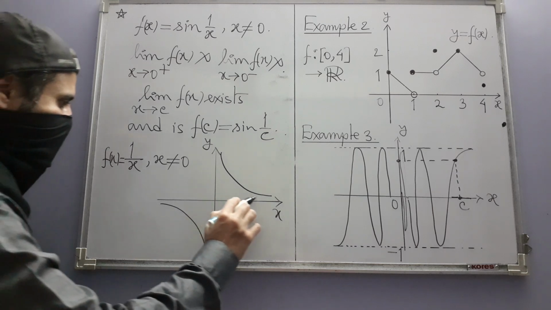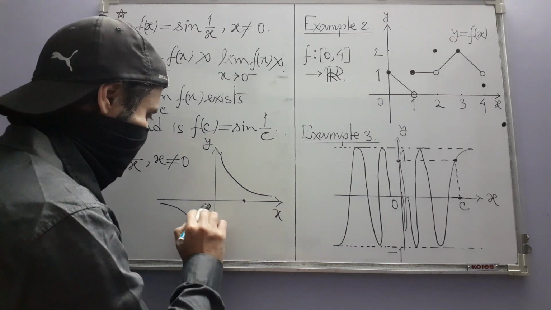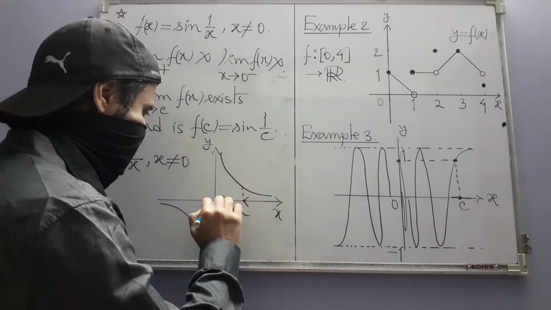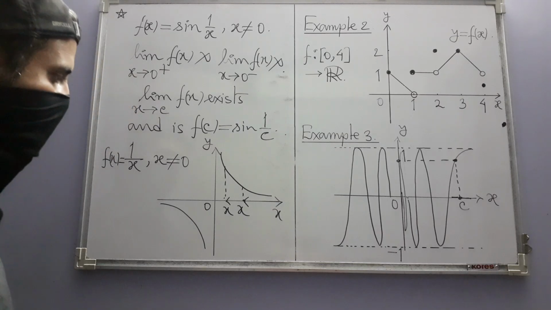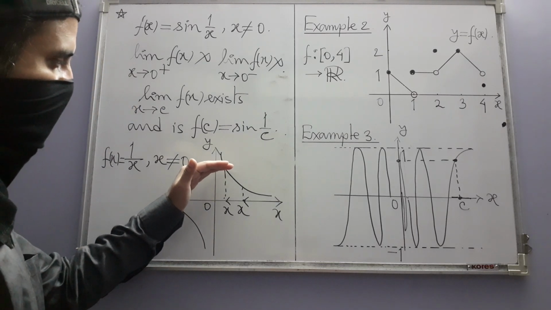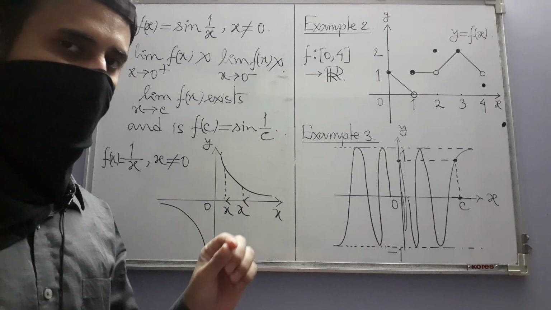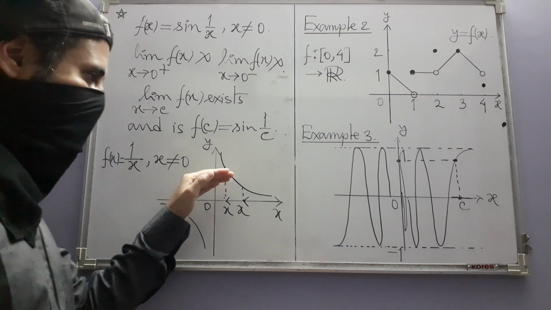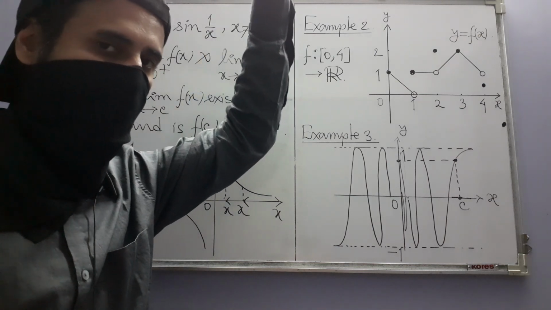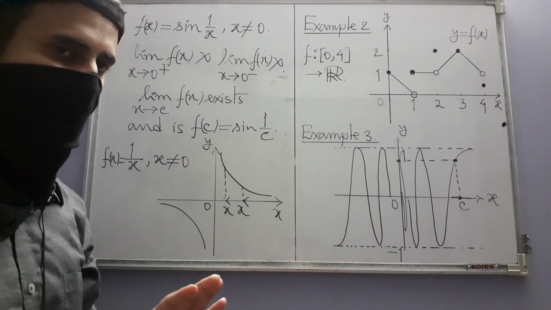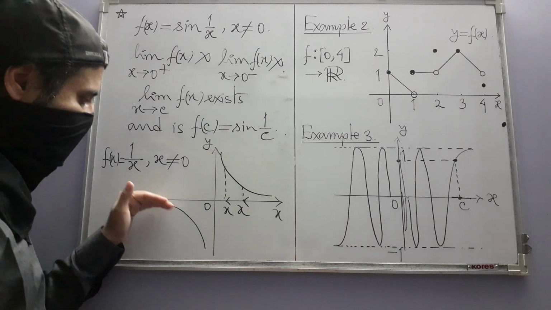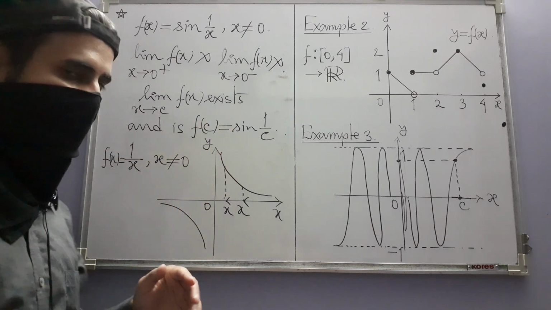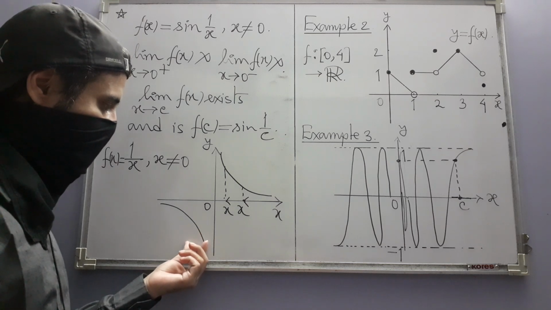So as your x approaches 0, the functional values get bigger and bigger. So here also they do not settle near a point as x approaches 0. But the reason here is that the functional values get bigger and bigger. So they never settle at a single point. And from that side also the functional values get bigger and bigger in size, but with a minus sign.